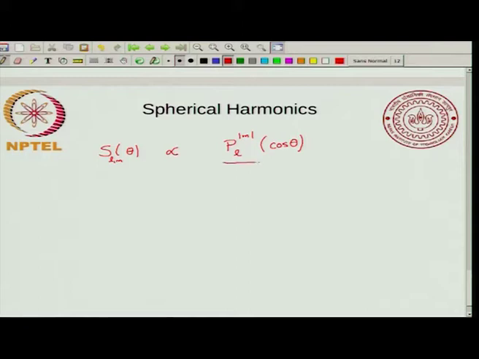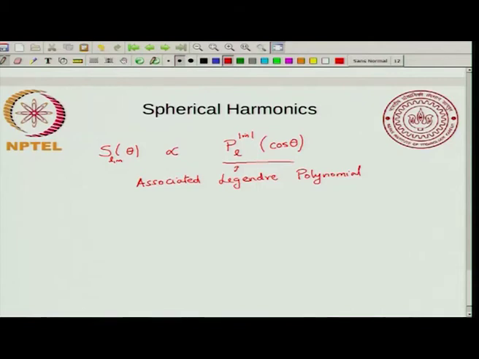So this polynomial is called the associated Legendre polynomial. It is closely related to the Legendre polynomial. For the Legendre polynomial, you just had P L. Now you have P L and m.